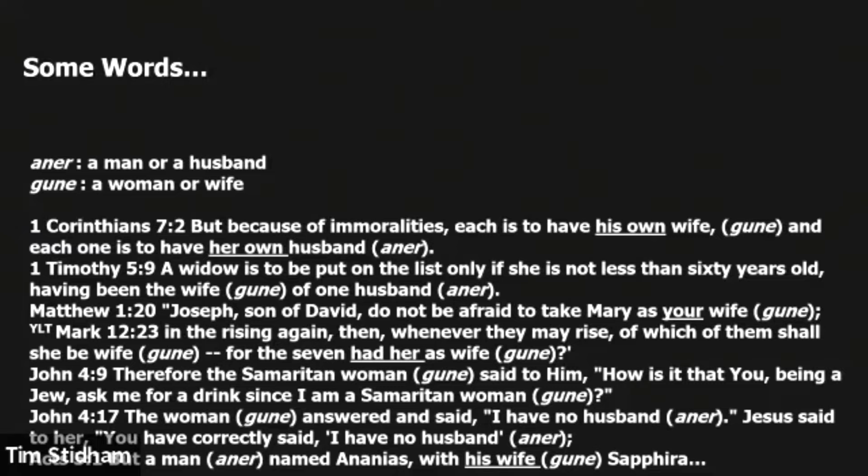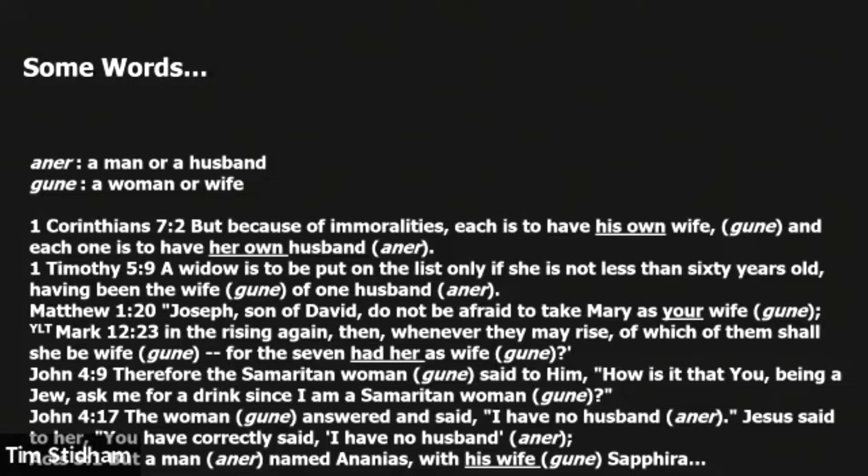There's not a Greek word for bachelorette. So if we had the TV show back in the 1st century, it would be Gune and Gune. There weren't a lot of people that were unmarried, unassociated, single. So the word gune is sometimes translated woman and sometimes wife. Aner is sometimes man or sometimes husband.